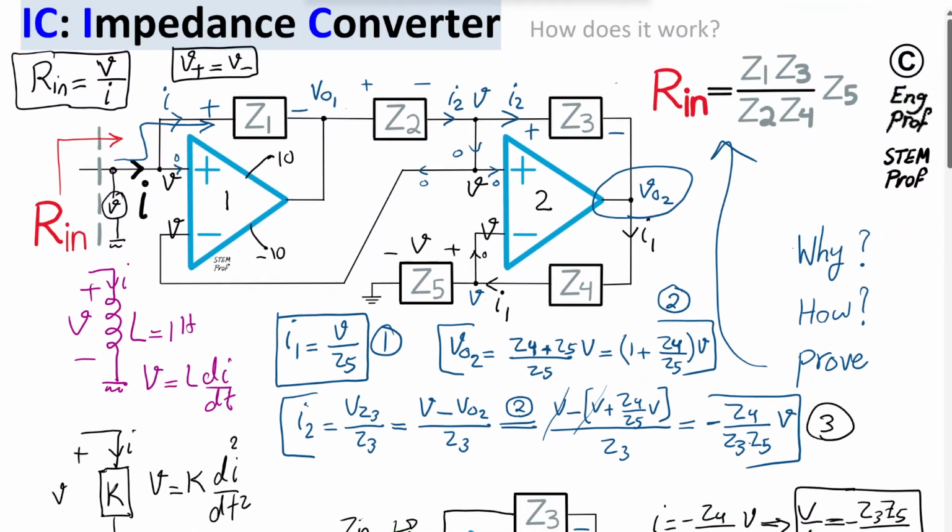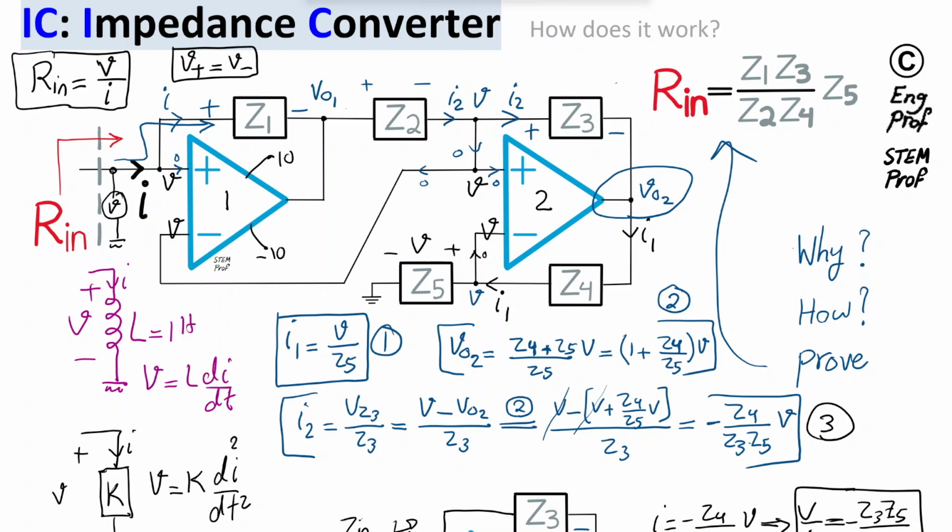For example, I want to have virtual inductance or simulated inductance at the input of the circuit. What can I do? Many possibilities. One example is, we can select one of Z2, Z4 to be a capacitor, so that it's inverted to an inductor by the circuit.